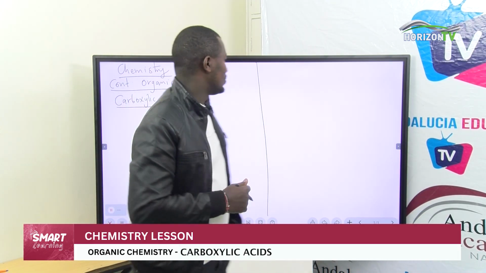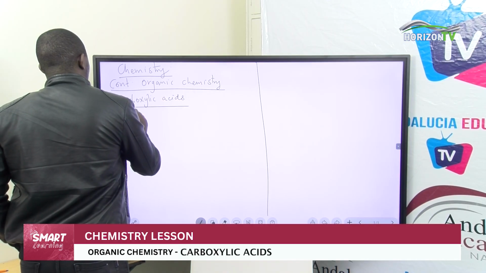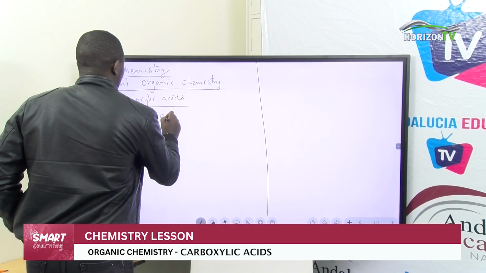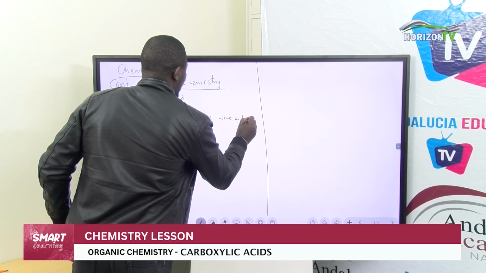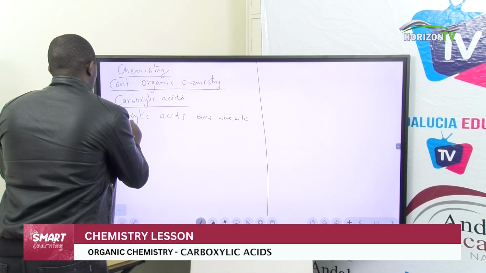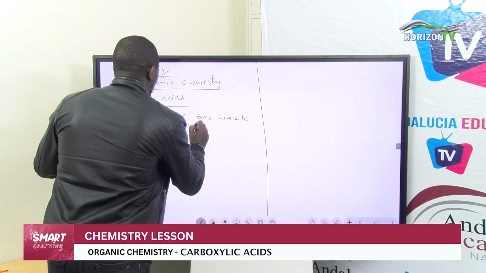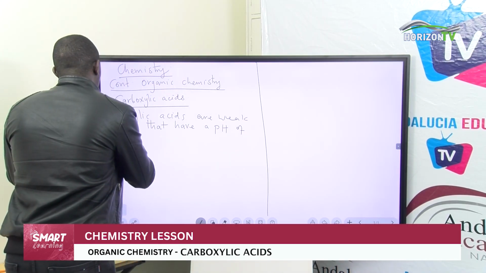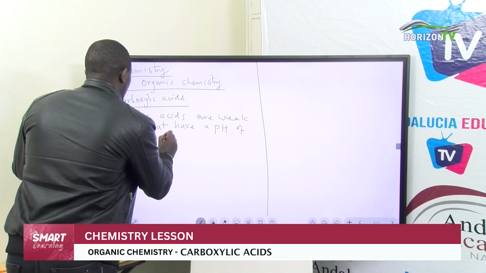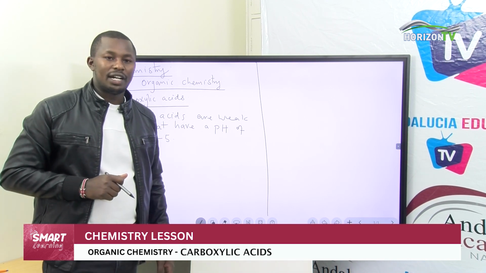So carboxylic acids are weak acids that have a pH of about 3 to 5.